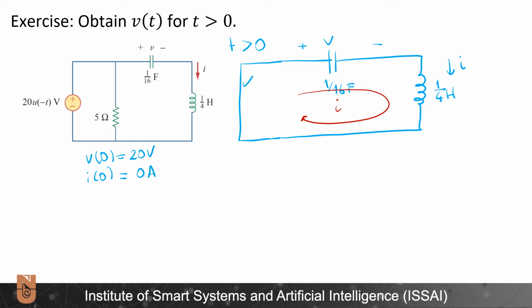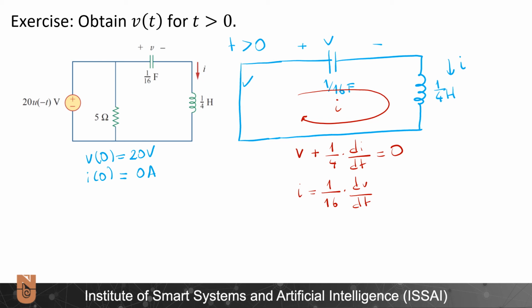I have the I going through the inductor and indeed the capacitor, and I can therefore write simply V plus 1 over 4 times di over dt is equal to 0 as my first equation. And secondly, I can write I is equal to C dV over dt, C is 1 over 16 times dV over dt, for the second equation.